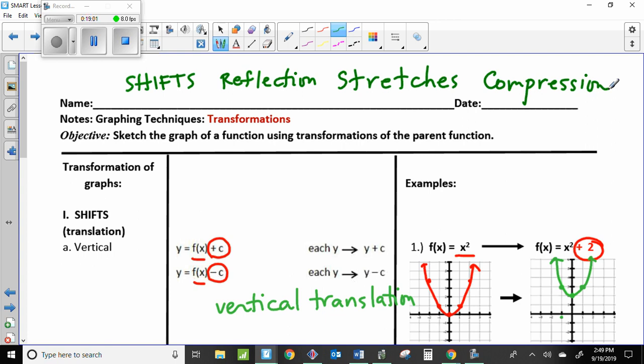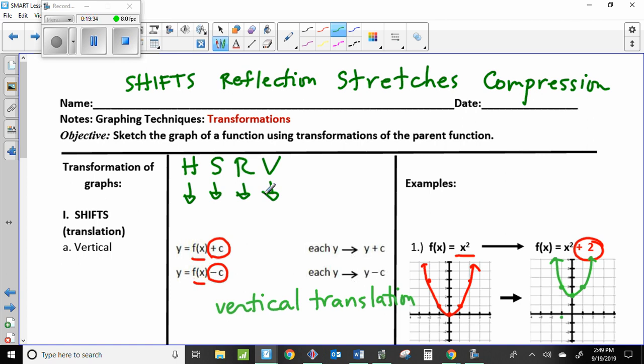Okay. So if all these transformations are done in a series on a graph, we have to follow our HSRV. We do the horizontal shift, followed by stretches, then reflection, and then the vertical translation up or down.